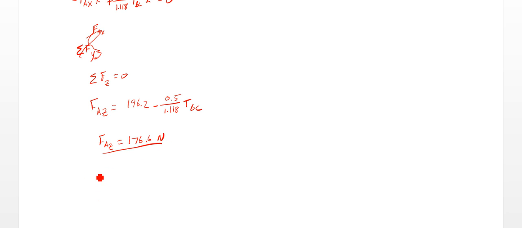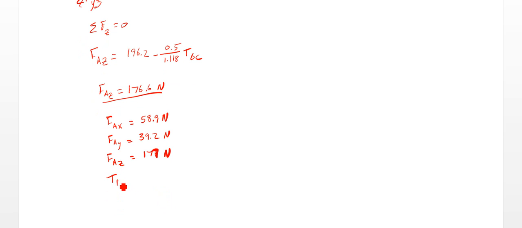So to summarize our solution, we have FAX equals 58.9 newtons, just to 3 significant figures now. FAY equals 39.2 newtons. FAZ equals 177 newtons.